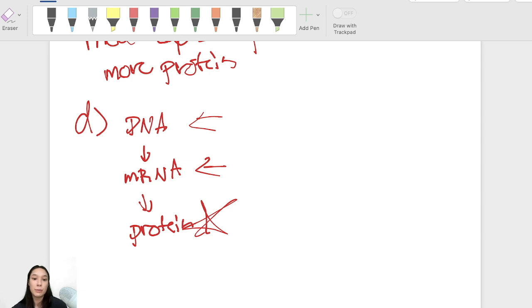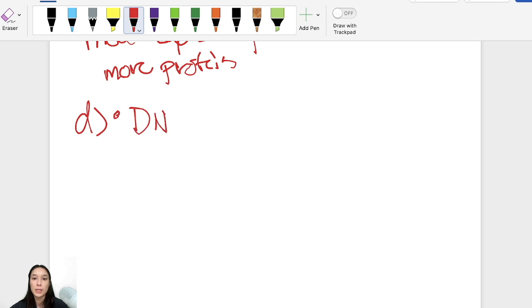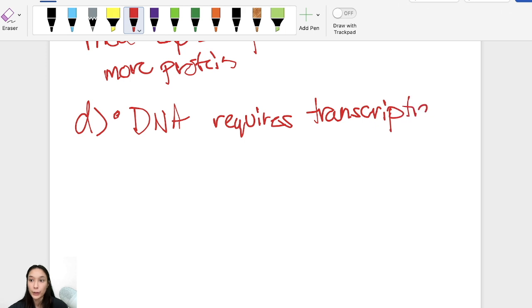So protein production from DNA requires transcription. There are a couple different options, and obviously you only have to say one. You can say DNA requires transcription, which is an extra step that mRNA doesn't need, so there's less opportunity for error.